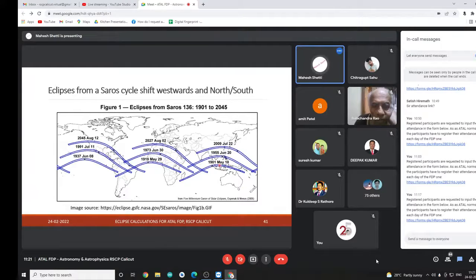So here, this is one eclipse. This is slightly towards north. This is slightly towards north. This is slightly further north, further north, further north, and so on. So ultimately, it is going from here to here. So it is not only shifting to the west, it is also shifting to the north. Now I mentioned here there will be eclipses which could be shifting to the south also. So in the next slide, we will see when that happens.